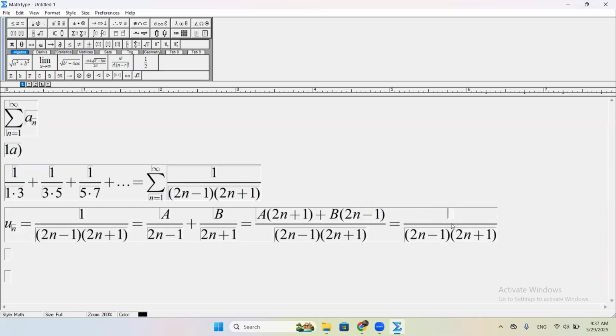Let's expand brackets and regroup coefficients. So 2an plus a plus 2bn minus b.